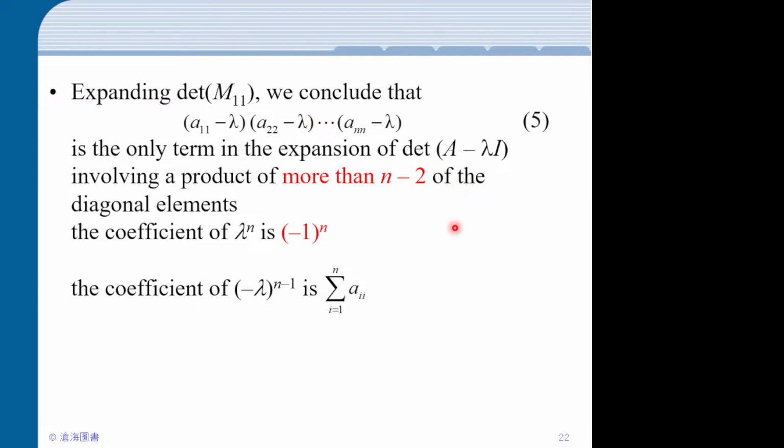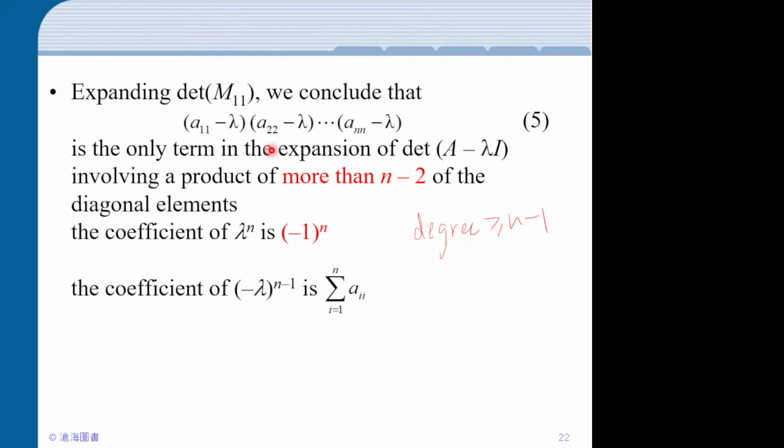It's the only term with a product of more than n minus 2 diagonal entries, and that means a degree greater than or equal to n minus 1 in the polynomial. So this is the only term that has degree more than n minus 2.